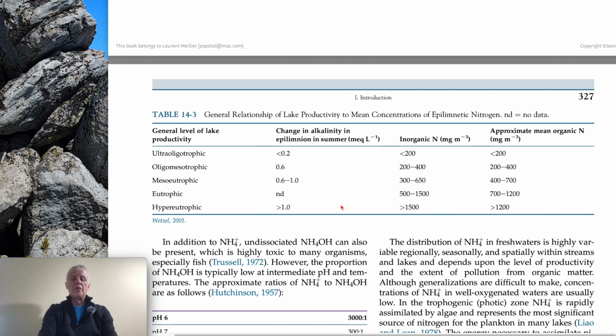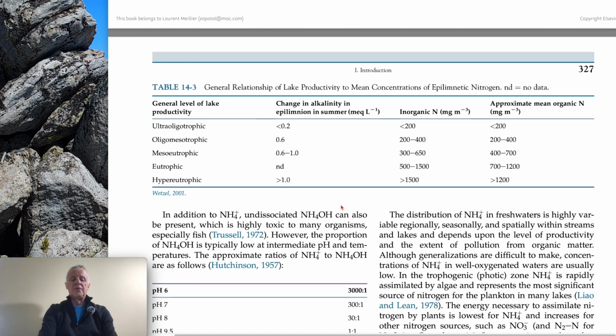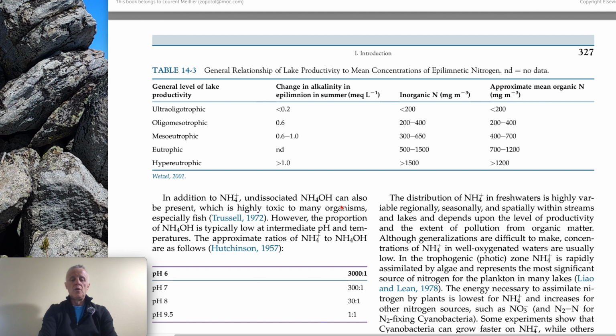However, the proportion of ammonium hydroxide is typically low at intermediate pH and temperatures. The approximate ratios of ammonium to ammonium hydroxide are as follows: pH 6, 3000 to 1, pH 7, 300 to 1, pH 8, 30 to 1, and pH 9.5, 1 to 1.